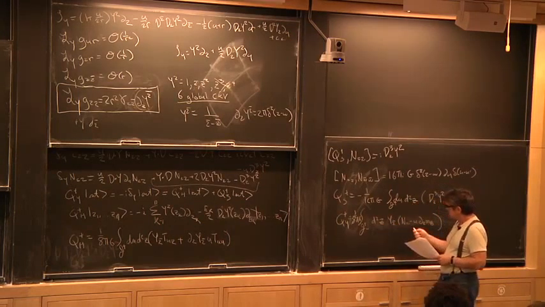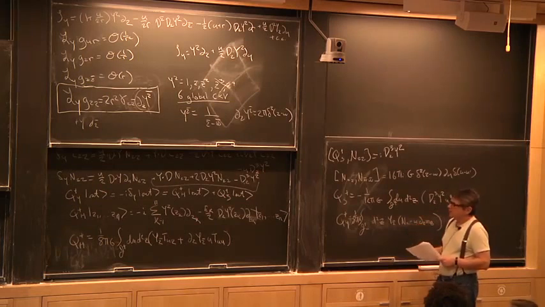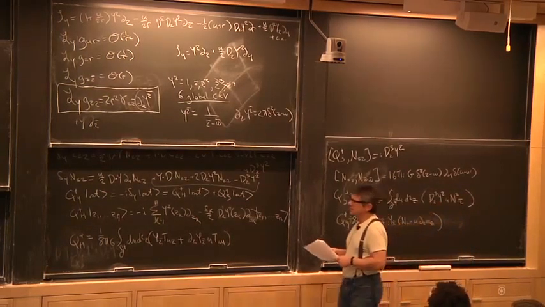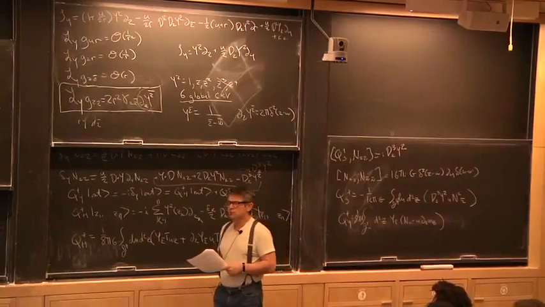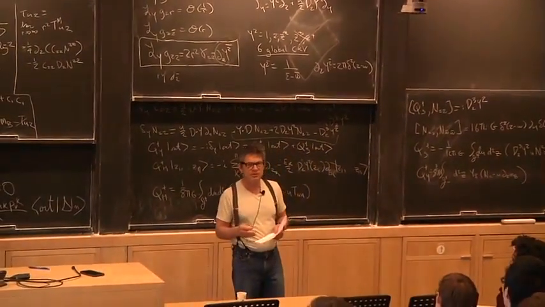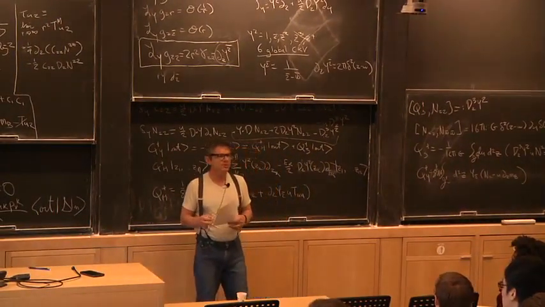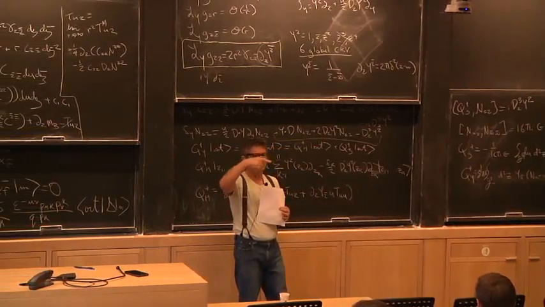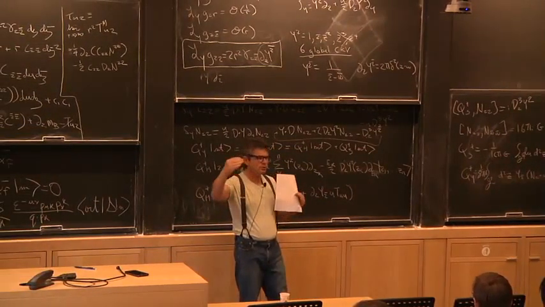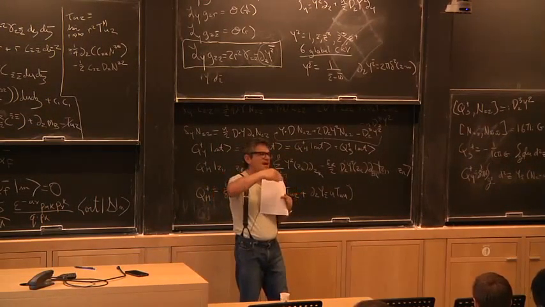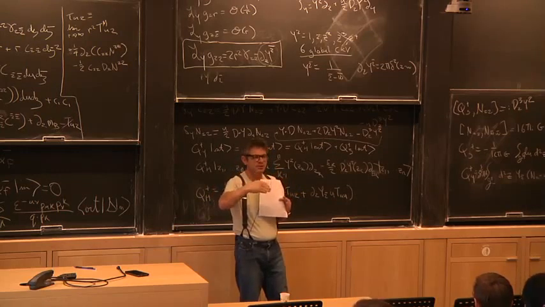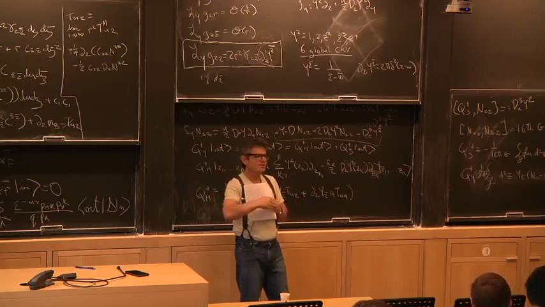sorry, one more thing I want to say. In the first problem set, when I had you solve for box epsilon equals 0, where epsilon was an arbitrary function on the sphere at infinity that was u independent, one found that the subleading term in the 1 over r expansion necessarily had a u divergence.